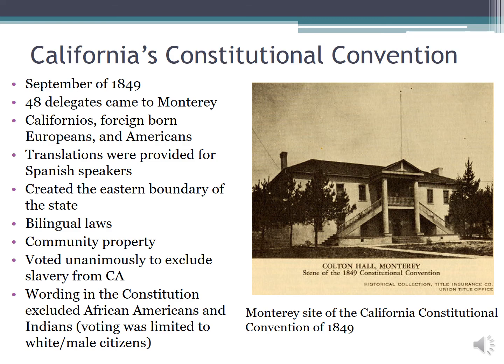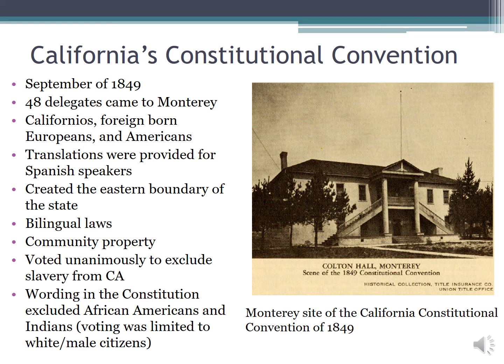You have Californios, many of whom didn't even speak English, attending this convention. You have some foreign-born Europeans, many of whom had become some of the upper class members of California society, people that had come to California and settled there even before the Mexican-American War. And then you had, of course, a group of Americans that were also at this constitutional convention.